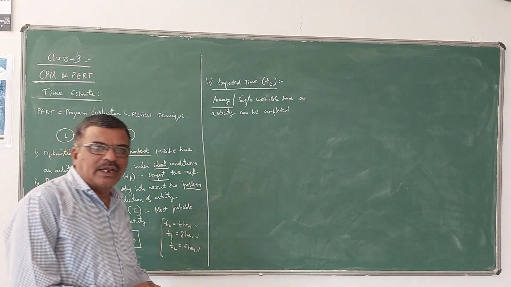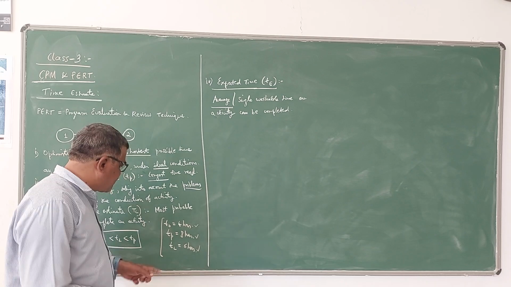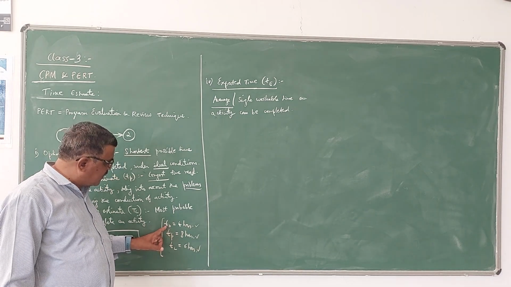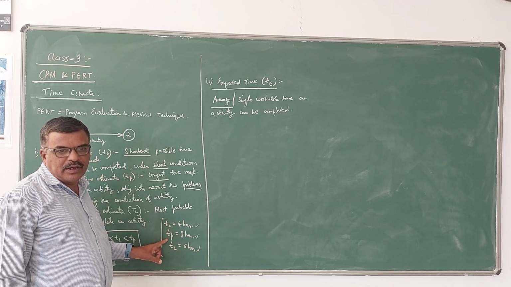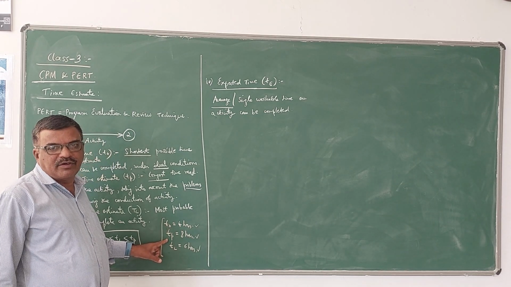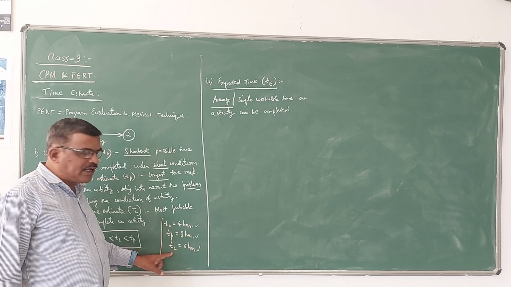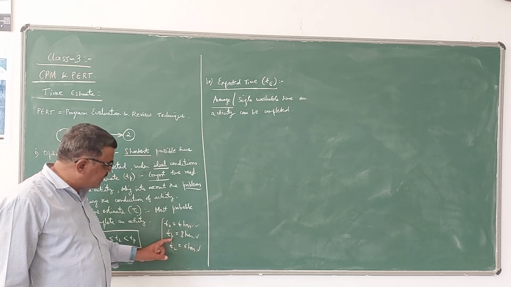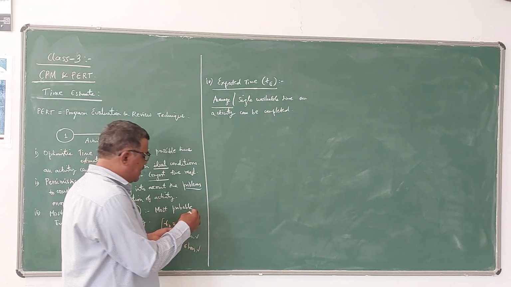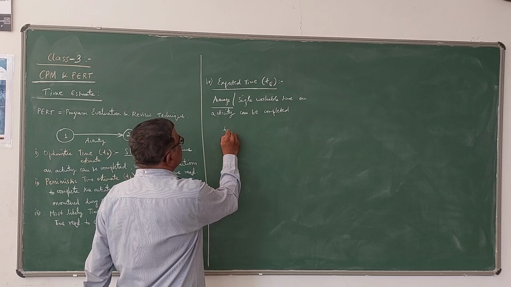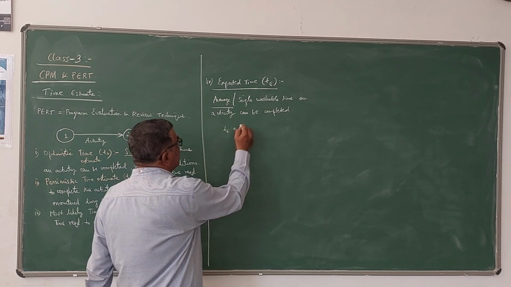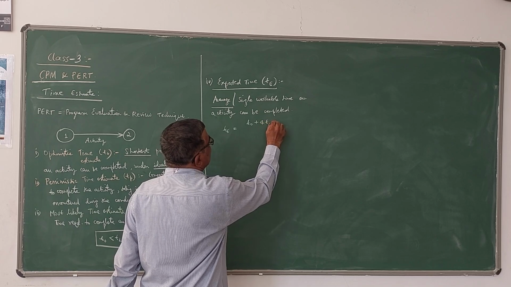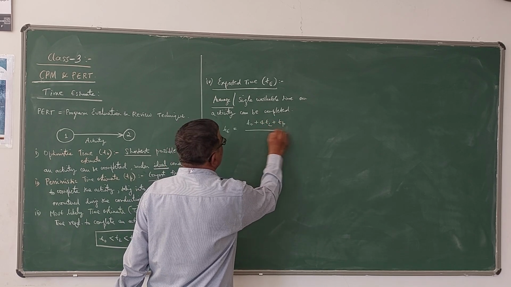The reliability and importance of TL is more compared to TO and TP. TO is without any problem. TP is considering problems; problems may be there or may not be there, we are not sure. But the TL value gives almost the most probable time. Therefore, more weightage is given to TL. So TE is calculated using this formula: TO plus 4 times TL plus TP, divided by 6.